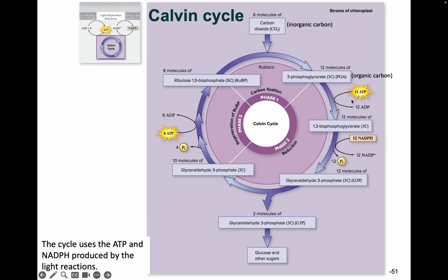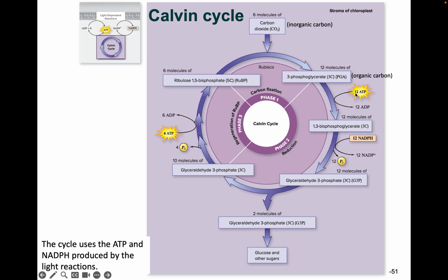Then these are phosphorylated. We add another phosphate, which gives you 1,3-bisphosphoglycerate. And these are then converted into glyceraldehyde 3-phosphate. By the way, going from 3-phosphoglycerate to 1,3-bisphosphoglycerate is a phosphorylation, and this is where the ATP comes in. Now we need to use ATP to give that phosphate, and we use 12 ATPs because we have 12 molecules.